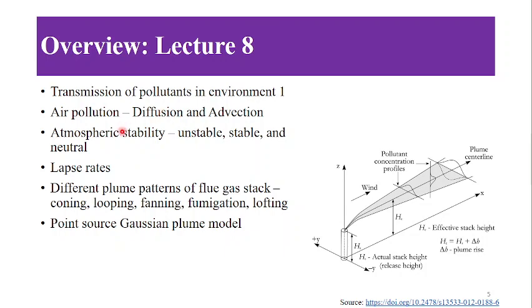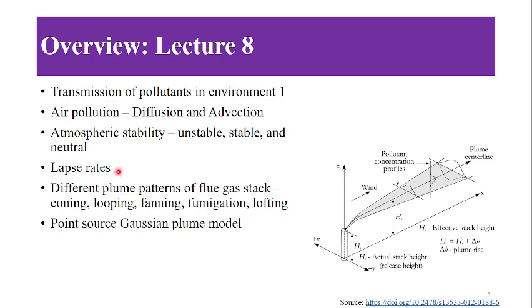The atmosphere can be considered unstable if there is a vertical motion. It can be considered stable when the atmosphere resists the vertical motion, and it is considered neutral when the forces are balanced with each other. So these are the three types, and they are measured in the form of lapse rates.